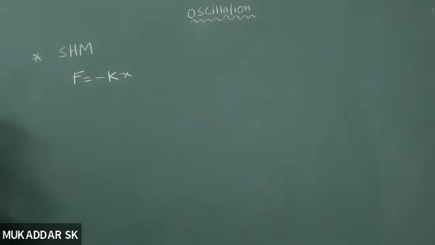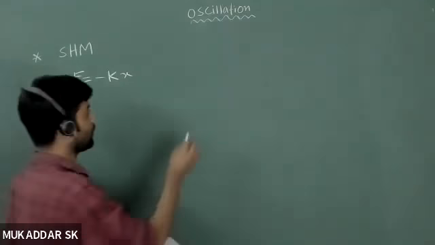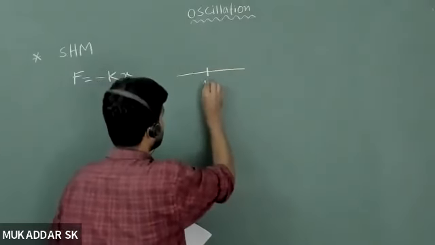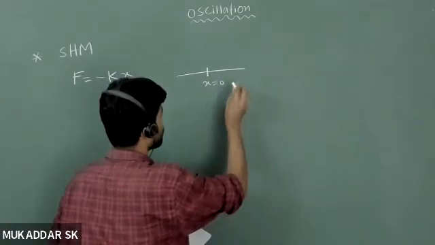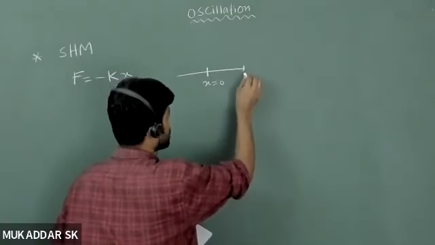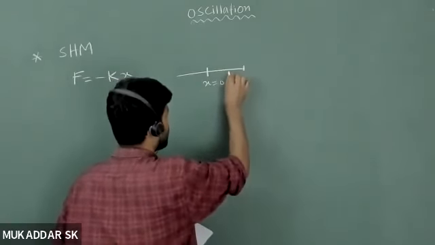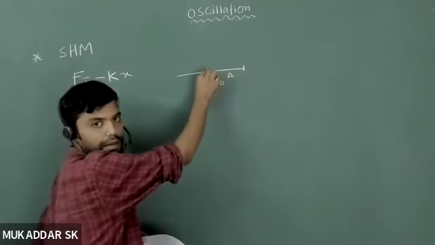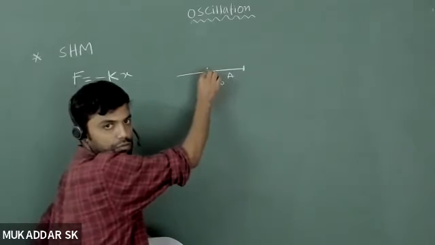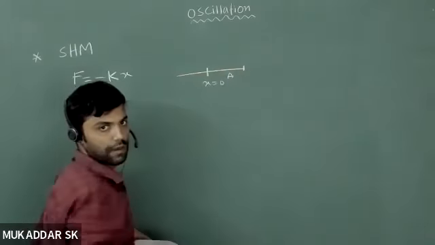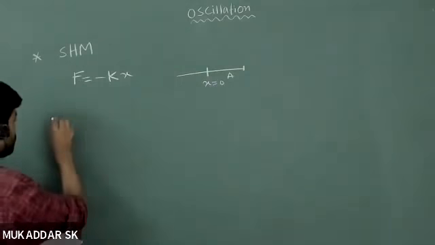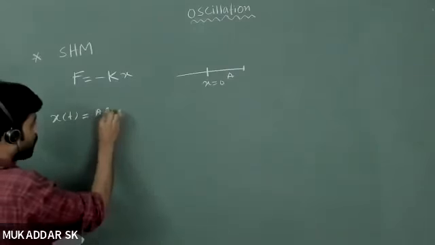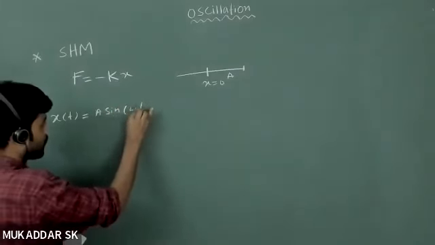Suppose this is the equilibrium position, x equals 0, and let us assume this is the extreme position, and this amplitude is capital A. When the particle is making displacement from x equals 0 towards the positive side, the displacement equation is x(t) equals a sine of omega t.